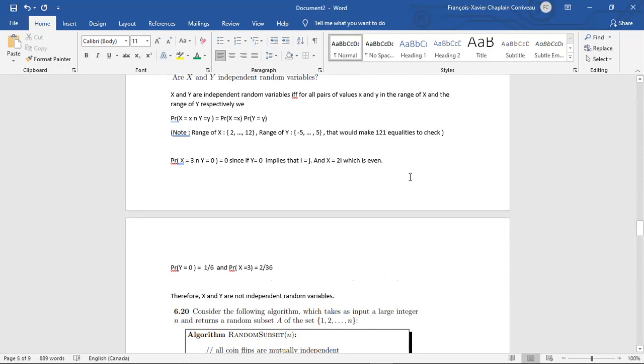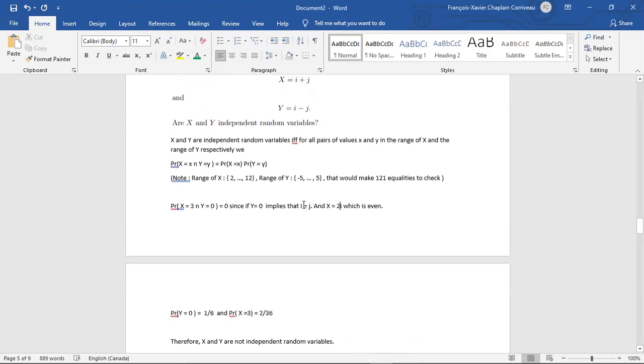2i means 2 times i. That's why I don't like i, because it always turns into something like this. So I have to write i, but here, really, if Y is equal to 0, then these two are equal, which means that this becomes 2 times i.